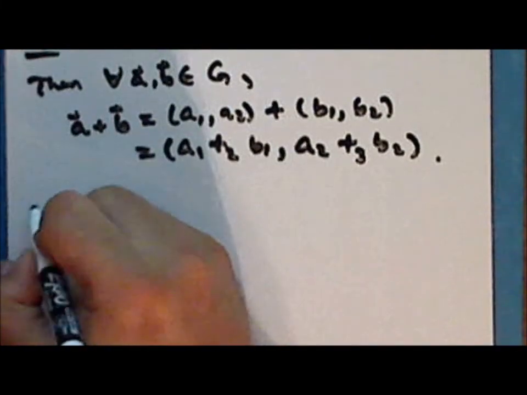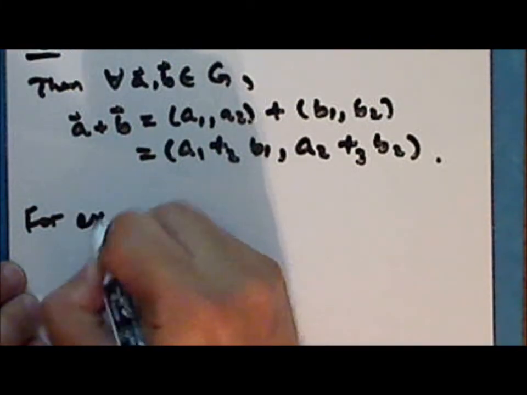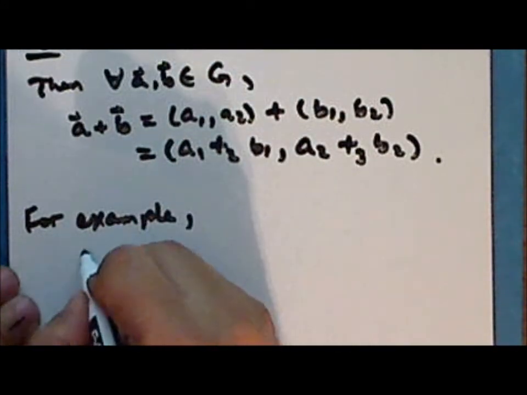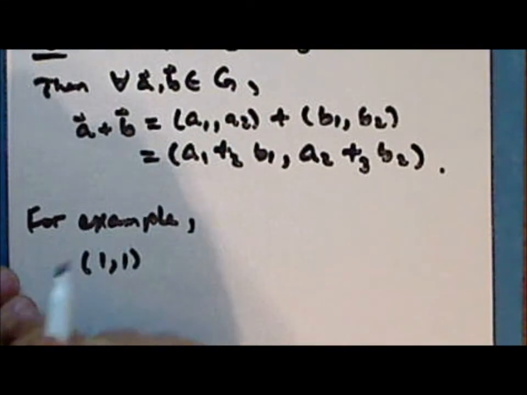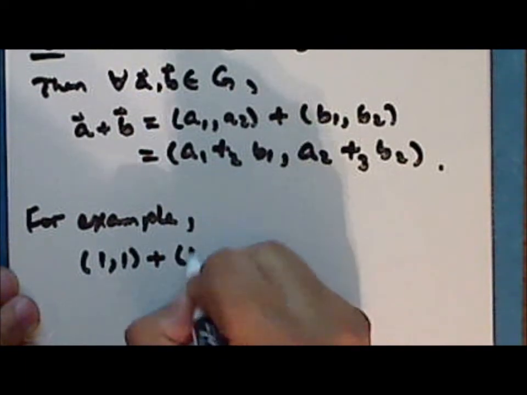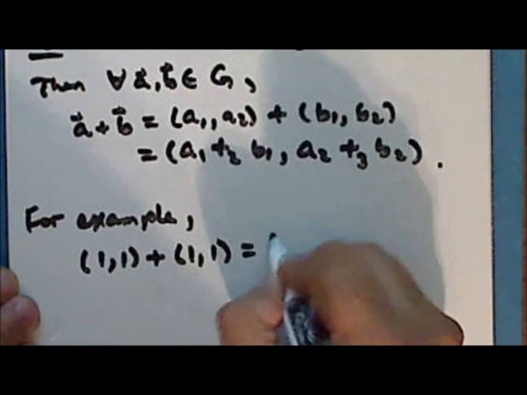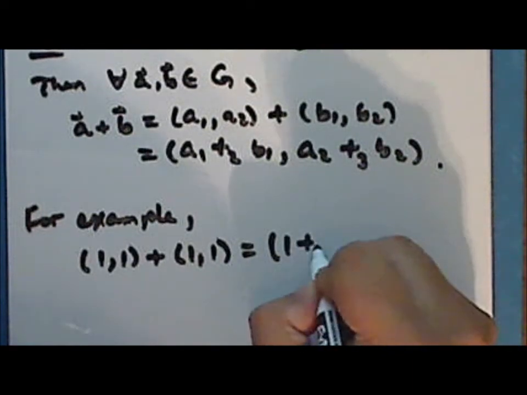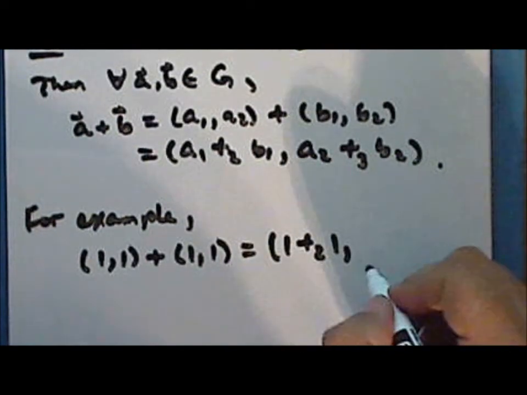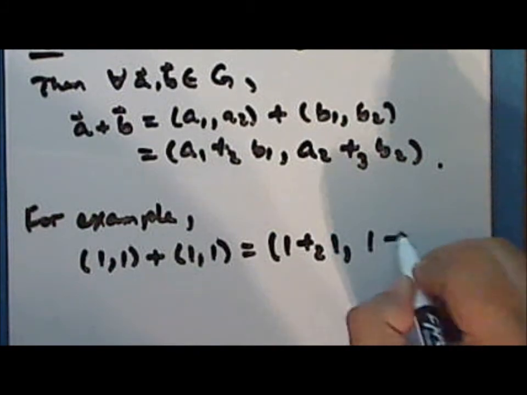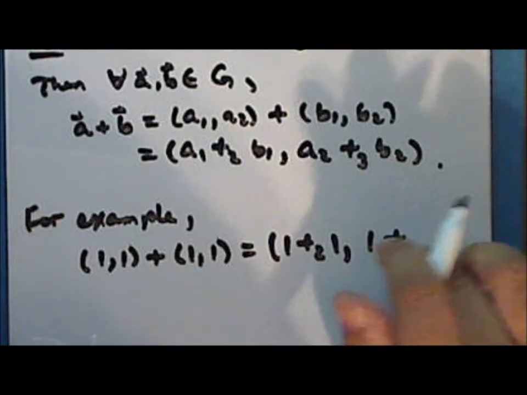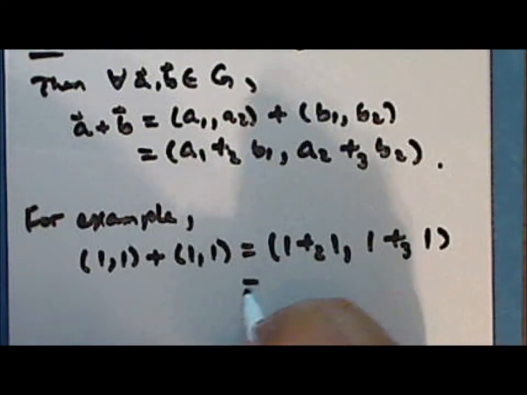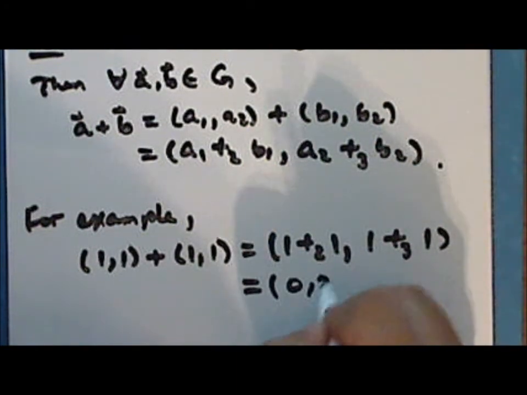So for example, if we add the ordered pair 1, 1 with itself, then this is the ordered pair whose first coordinate is 1 plus 1 modulo 2, and whose second coordinate is 1 plus 1 modulo 3, and this is the ordered pair 0, 2.